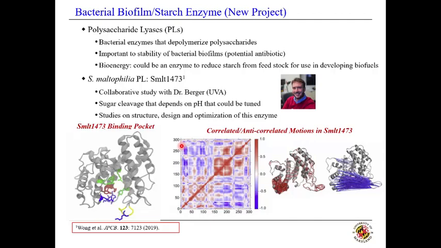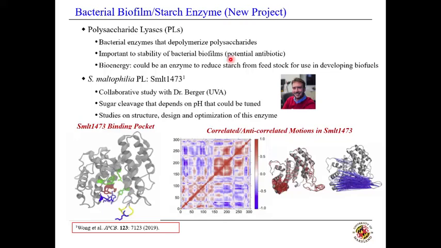And then finally, one area of research that doesn't involve membranes is one where we're looking at a protein called a polysaccharide lyase. These are enzymes used by bacteria to reduce down polymers. It's important for the stability of bacterial biofilms, and so potentially we could utilize this to eventually develop a better antibiotic.